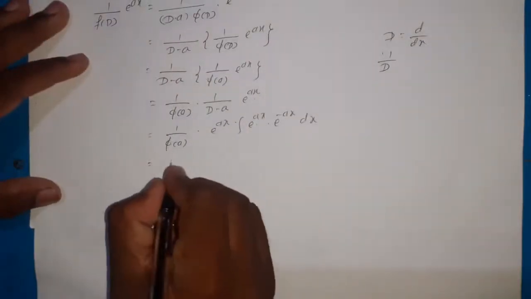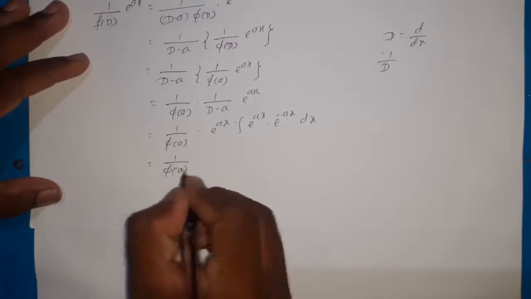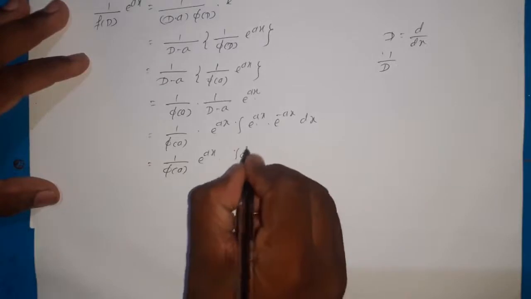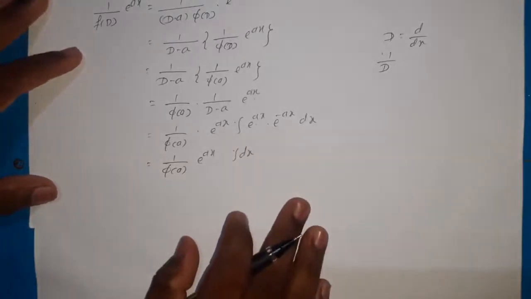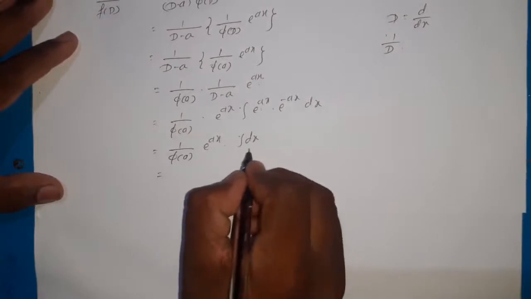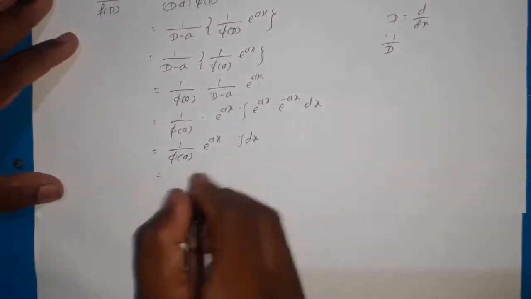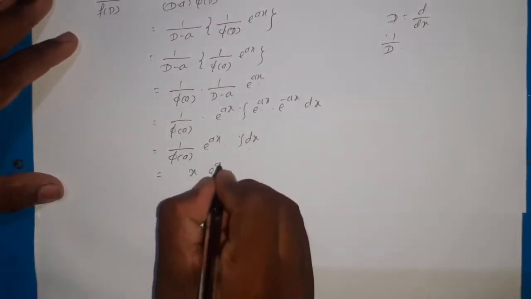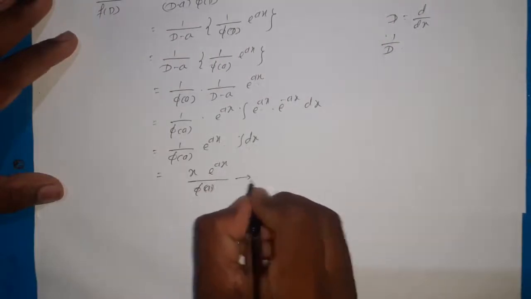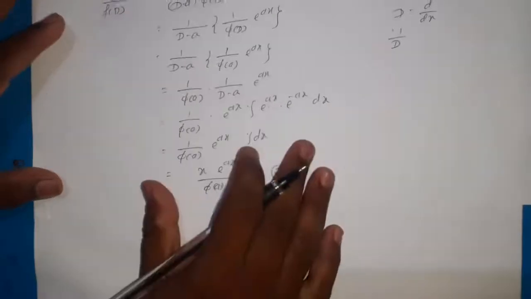Then this is equal to 1 divided by phi of a, e power ax into the integration of dx. The integration of dx is equal to what? x. Then it is x into e power ax divided by phi of a, and consider this as the second equation.